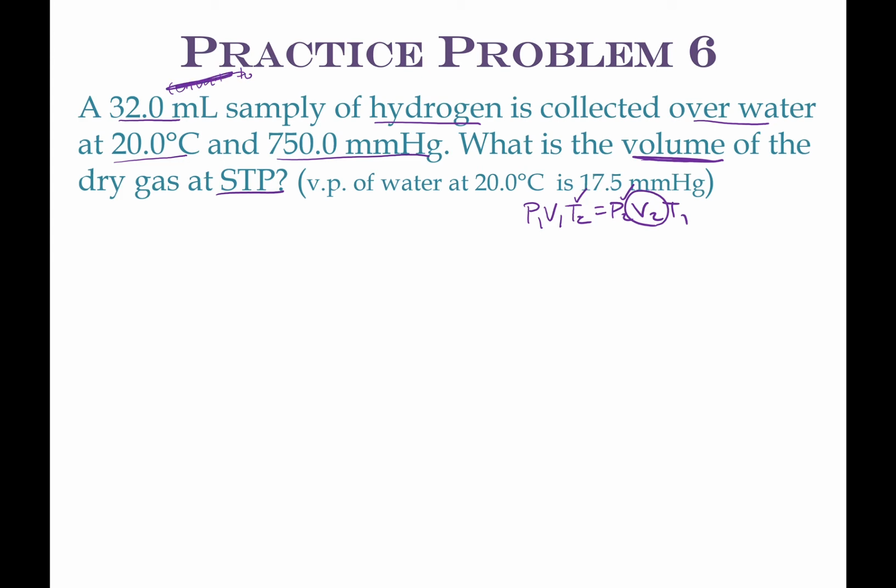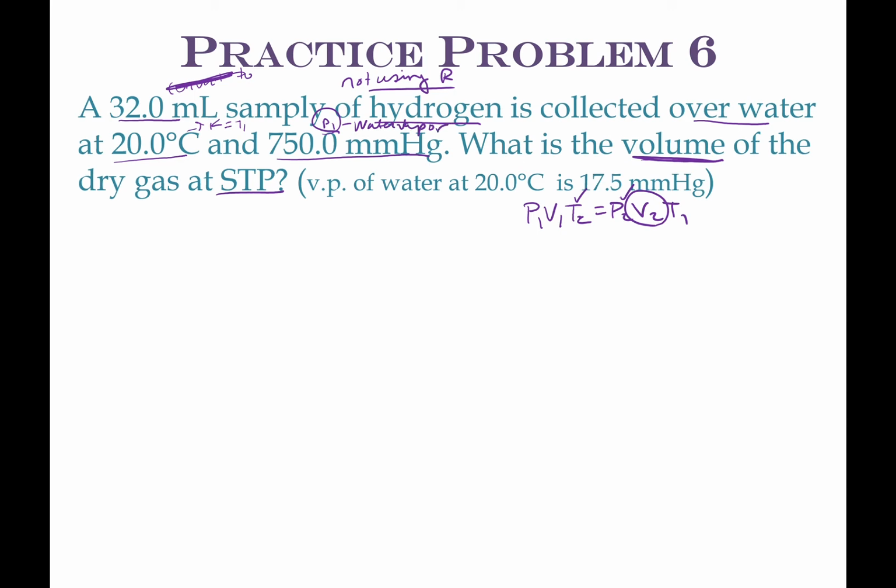We're not using R, so we don't have to convert. We will convert the temperature to Kelvin, and this will be our T1. And this is our P1 right here. But first we need to get the pressure, because this isn't really P1, right? We need to subtract the water vapor.